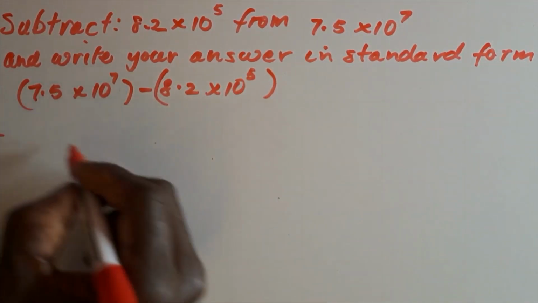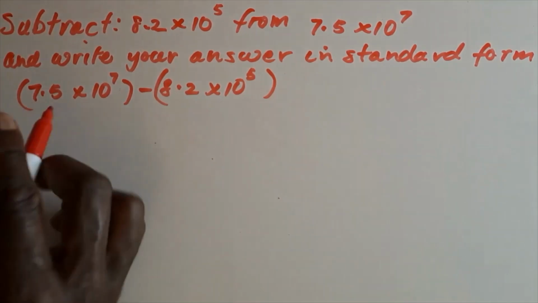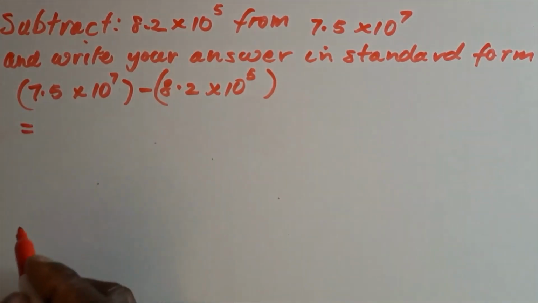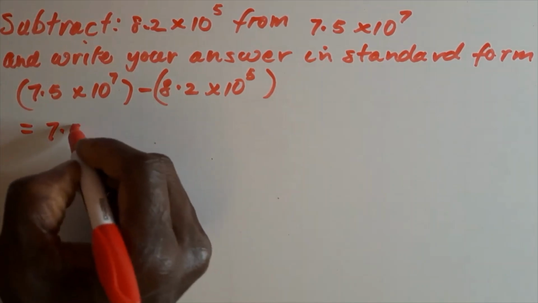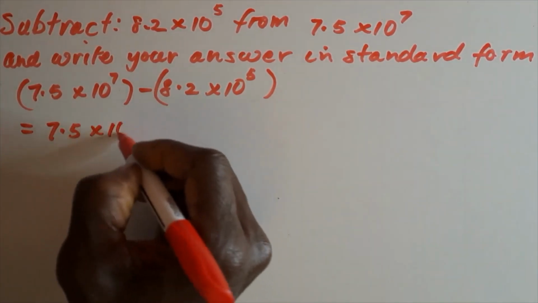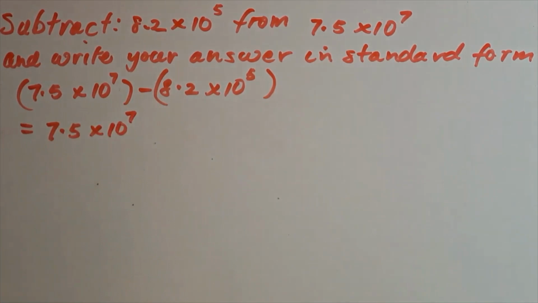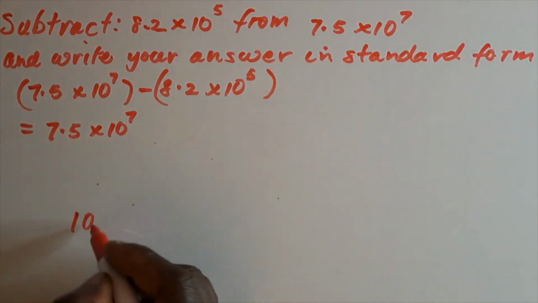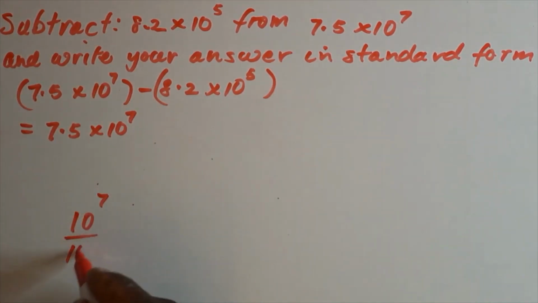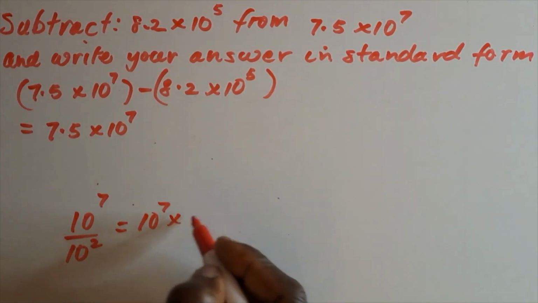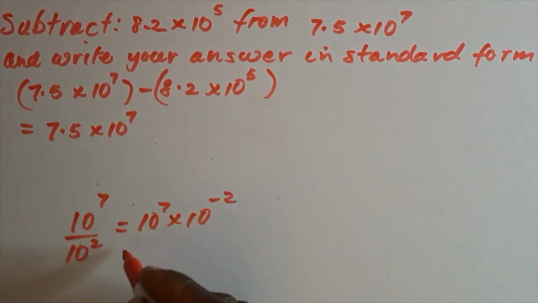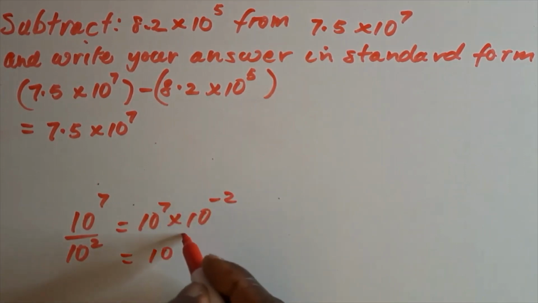Now, we can write this as 7.5 times 10 to the 7th. If we divide 10 to the 7th by 10 squared, it becomes 10 to the 7th times 10 to the minus 2, which is equal to 10 to the 5th.